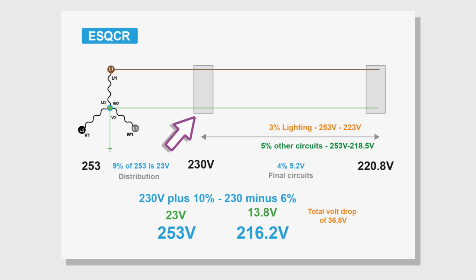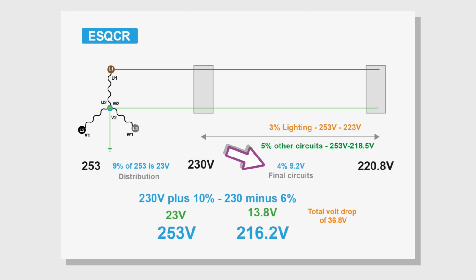The Electricity Safety, Quality and Continuity Regulations 2002 tell us our voltage range, 230 volts plus 10% and 230 volts minus 6%. So we have a range of 253 to 216.2 volts. Voltage is always fluctuating, but you have to pin some numbers on it. These numbers are from the design guide, and for calculation purposes, 9% used in distribution and a conservative 4% in final circuits.